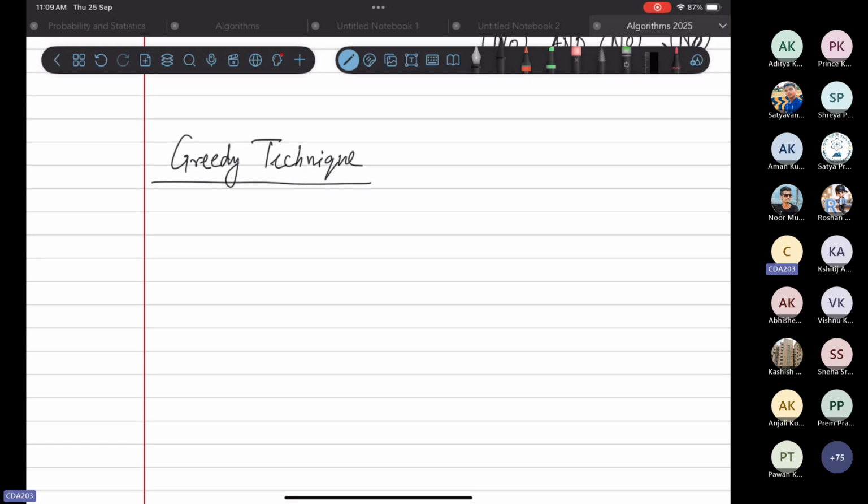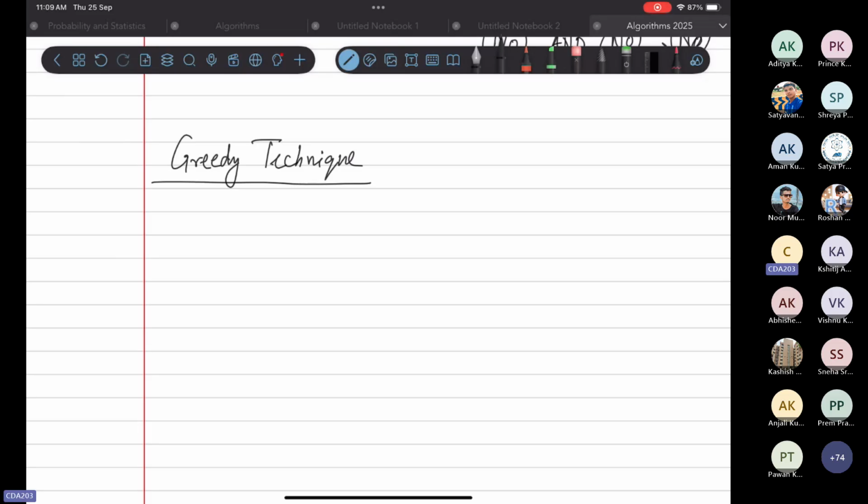I'm going to study this new technique, and the problem that I'm going to solve is again something that we have done in the previous class itself. It would be the knapsack problem. But it's not the same knapsack problem; we'll see a variation of that knapsack problem.